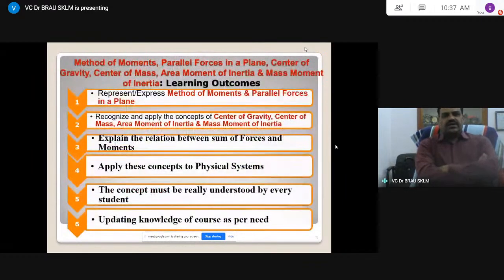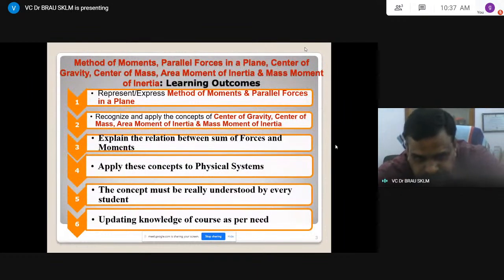Now let us see what learning outcomes we are going to get. The learning outcomes you are going to get in method of moments or by using parallel forces: how to represent a method of moments through theorems like Varignon's theorem and parallel force in a plane, because to calculate center of gravity, center of mass or centroid, we need the concept of parallel forces.